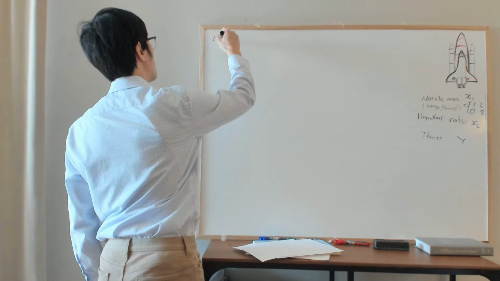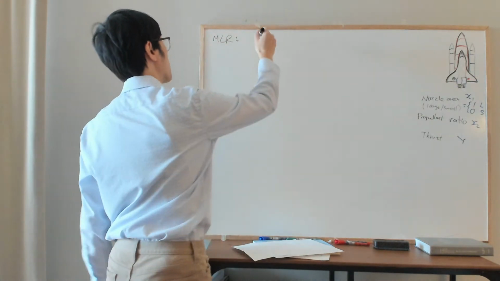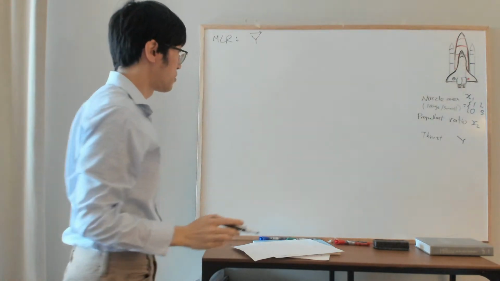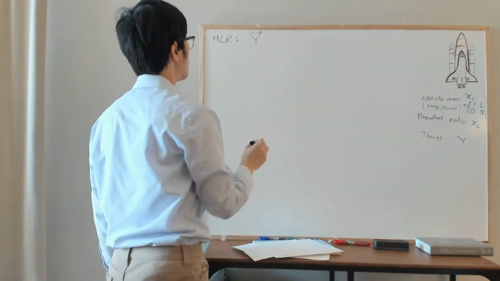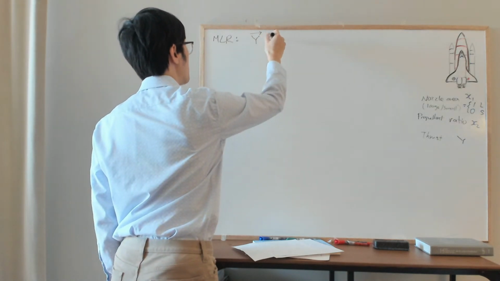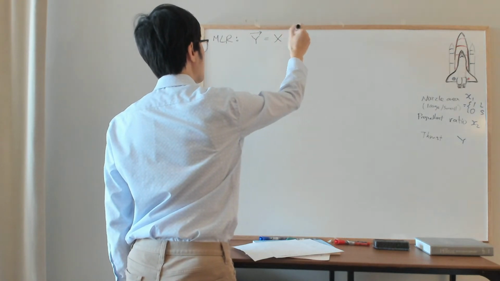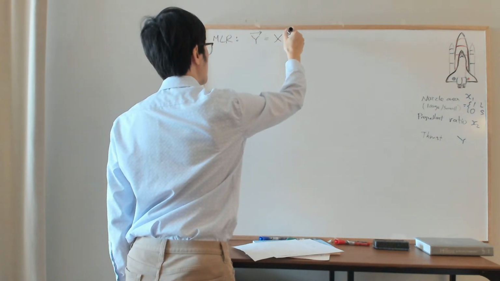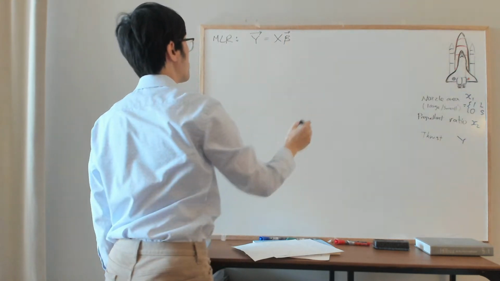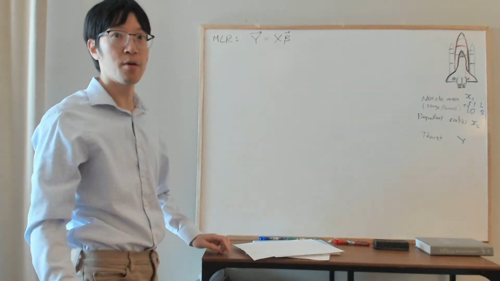So let's recall a couple things. First, in matrix form we can write our model for the response y. In multiple linear regression we have a matrix with all the x values, as we defined last time, multiplied by the vector of coefficients beta, which we will estimate.